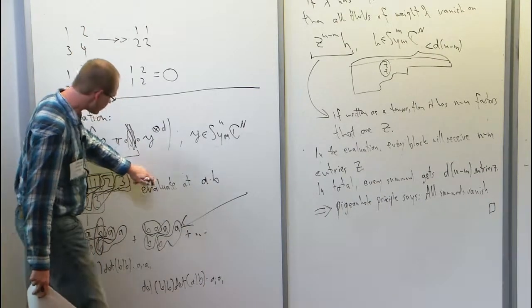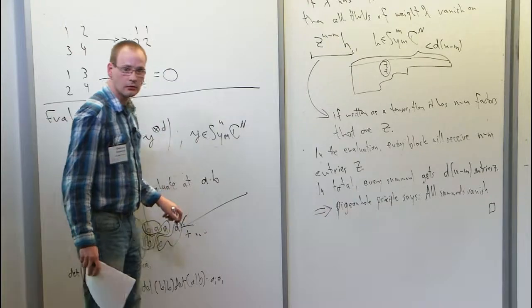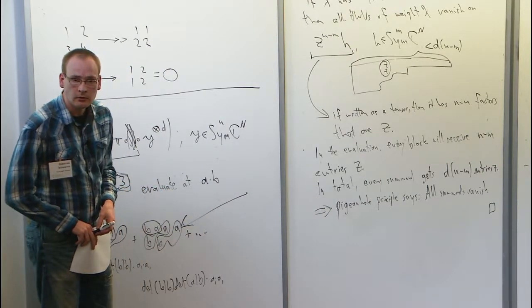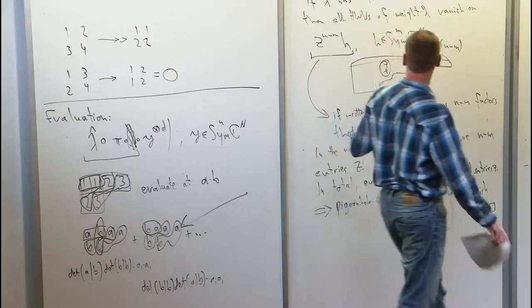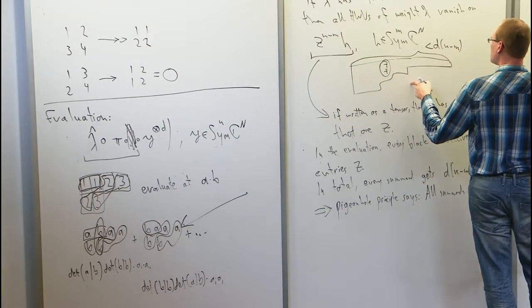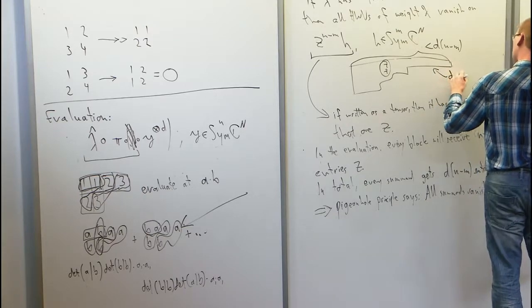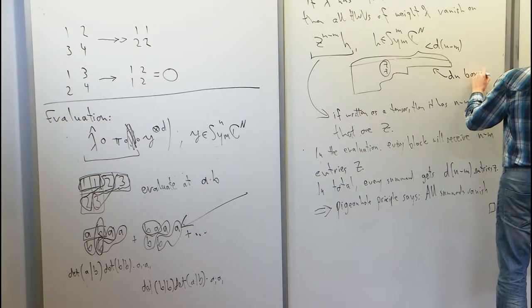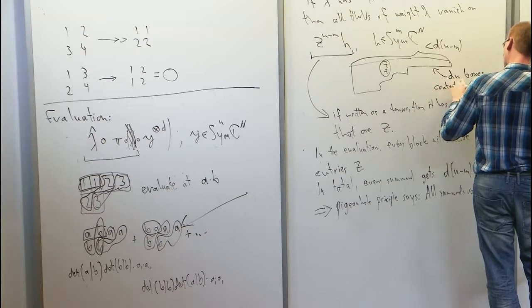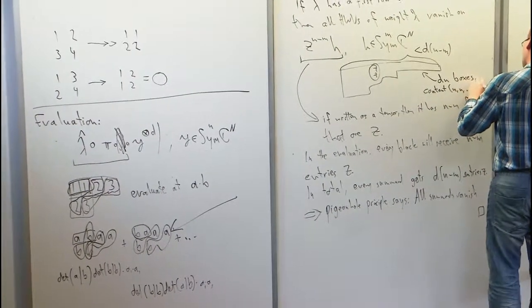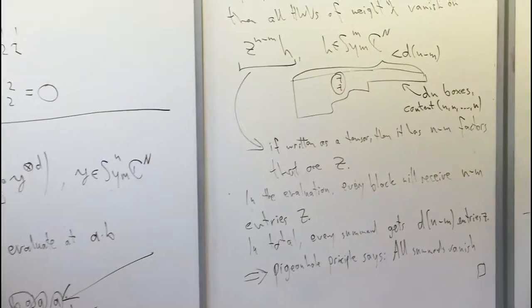You put your polynomial into the blocks. So this is the polynomial, it's AB. How many boxes are left? D times n boxes. The content is n, like we had always: n 1s, n 2s, n 3s.